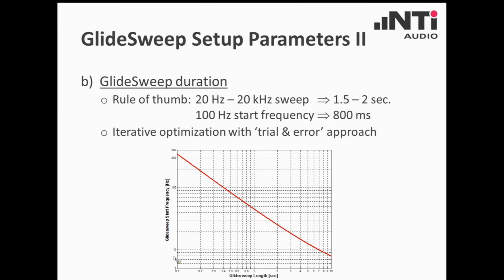If we have a very low start frequency, 10 Hertz for instance, the GlideSweep itself needs more time. Whereas with a higher start frequency, here we have 300 Hertz, we can reduce the GlideSweep duration tremendously, down to 0.1 second or 100 milliseconds.